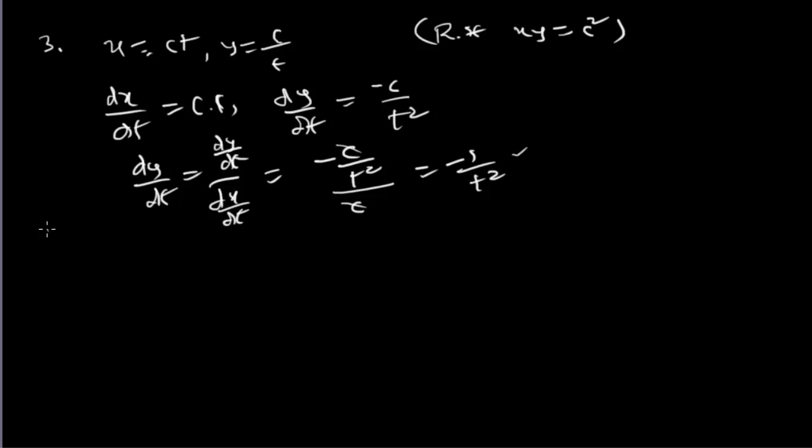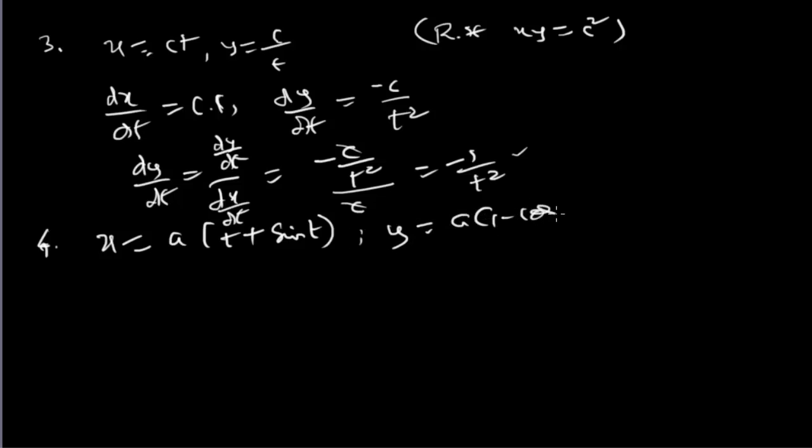Okay, number 4, it represents a cycloid. Number 4 is x is equal to a into t plus sin t, and y is equal to a into 1 minus cos t.